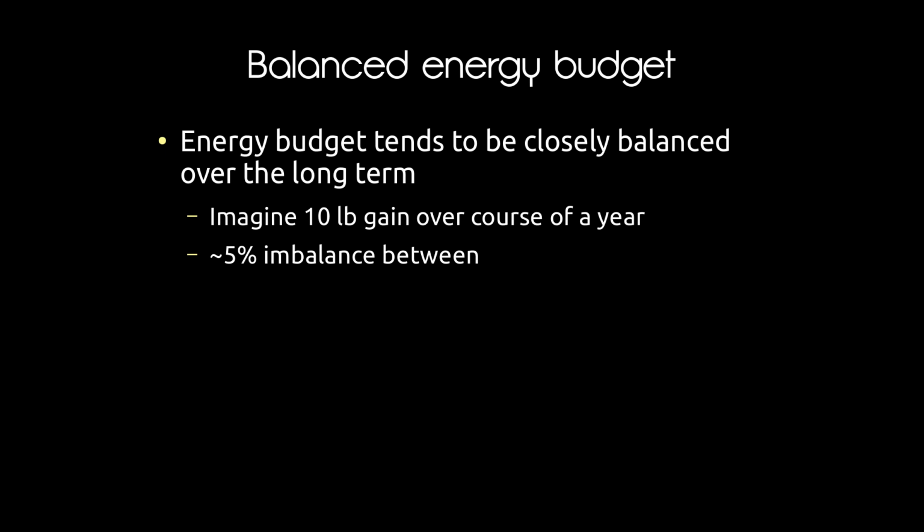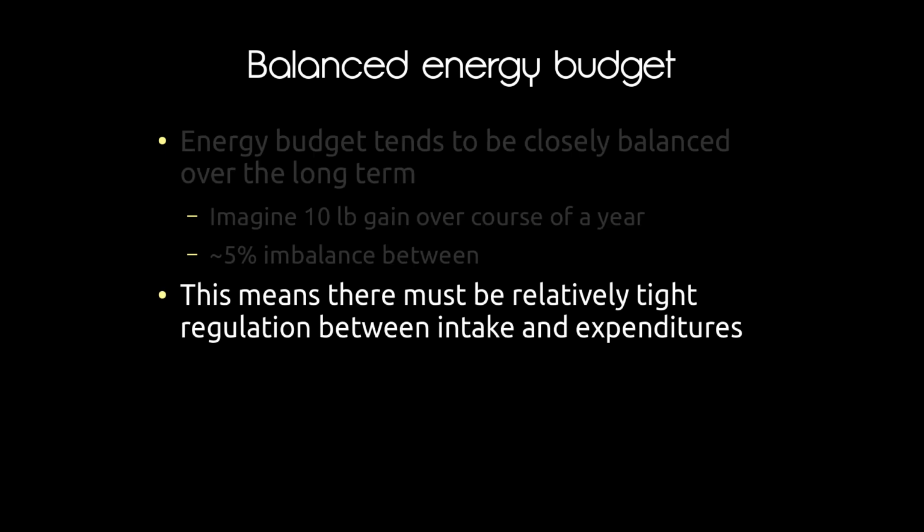Nevertheless, even with such a massive weight gain, that would represent only about a 5% imbalance in the energy budget between intake and expenditures. That means a relatively tight regulation between energy intakes and expenditures is occurring. We need to maintain, and we do maintain, this very, very tight regulation between the energy that we're taking in and the energy that we're using or giving off. And this is going to be the topic of the next video.